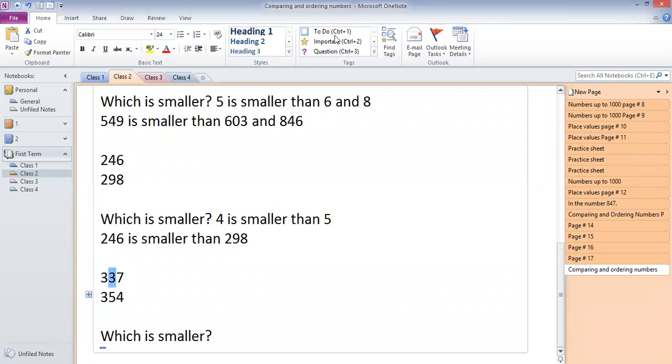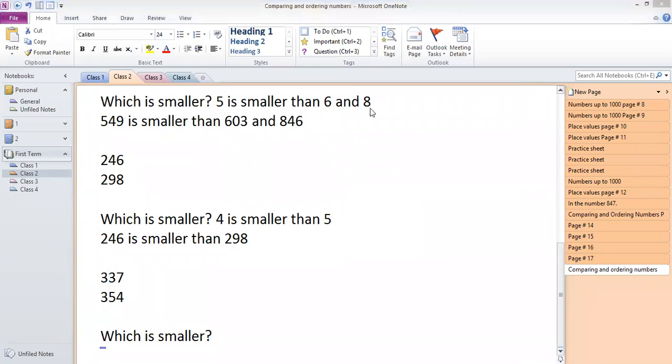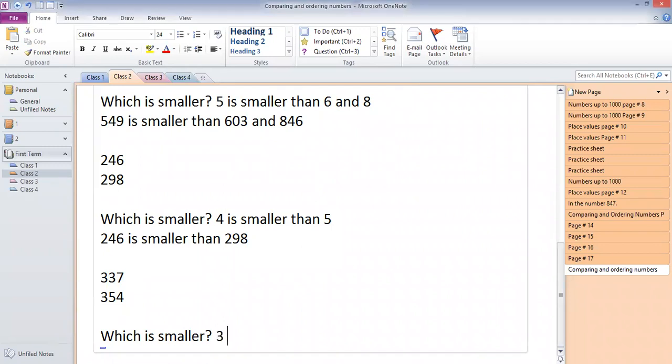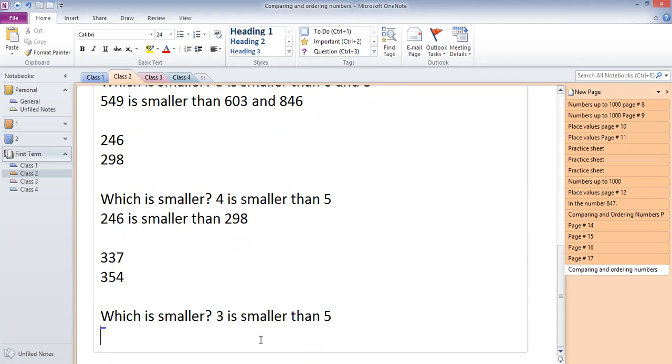So guys, 3 is smaller or 5 is smaller? Very good, 3 is smaller. So 3 is smaller than 5 on tens. That's why 337 is smaller than 354.